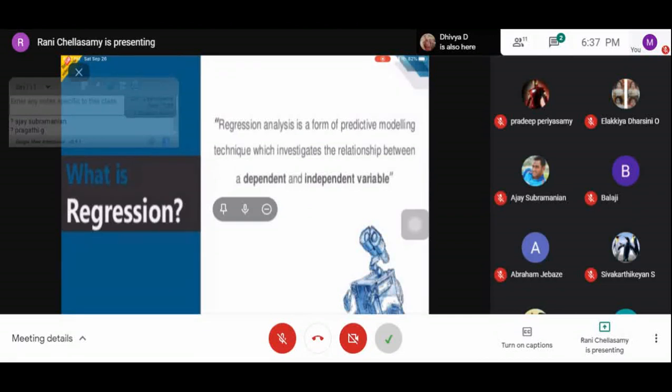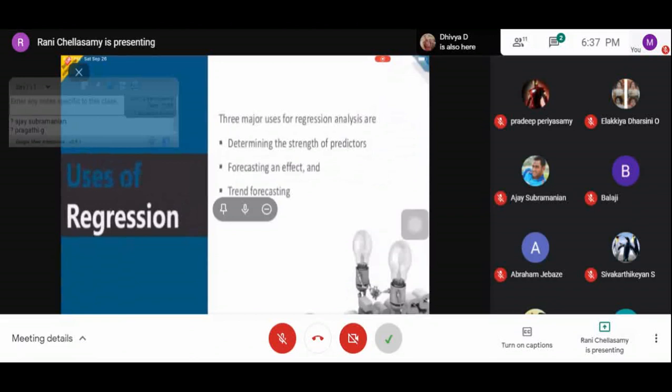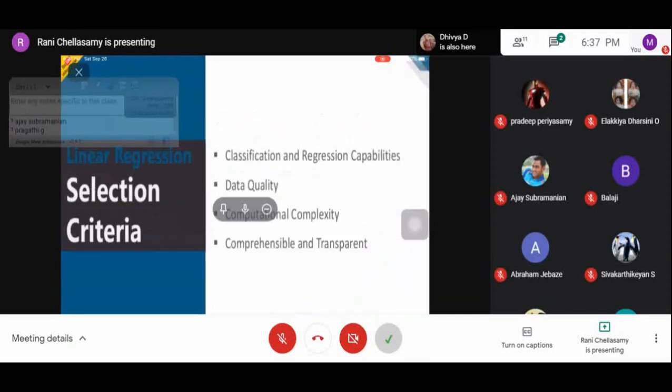What are the uses of regression? There are three major uses of regression analysis: determining the strength of predictors, and forecasting. In forecasting problems we can apply these regression algorithms, and for trend forecasting, up to real-time trend analysis, we can also use these regression algorithms.